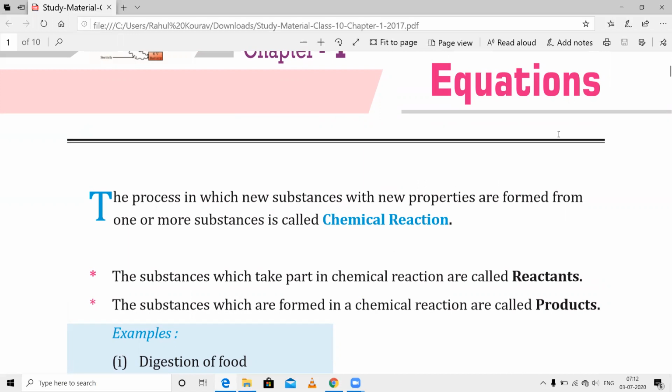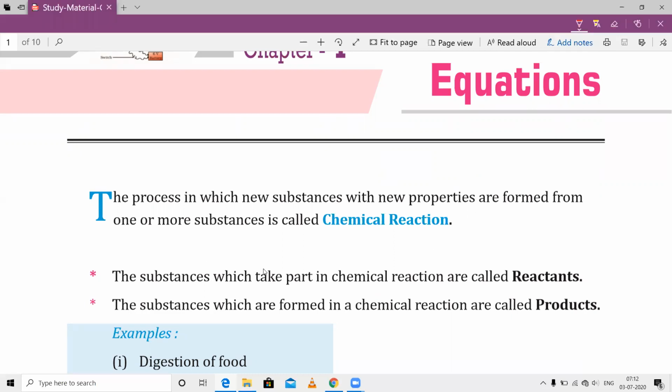Okay. So chemical reaction has what? See here, the substances which take part in a chemical reaction are called reactants. इसको reactant बोला जाएगा. ठीक है.